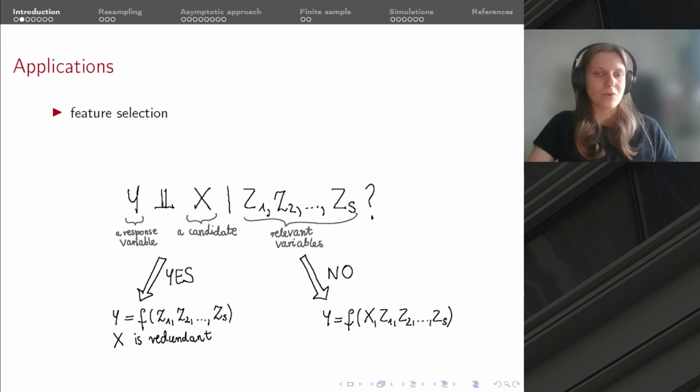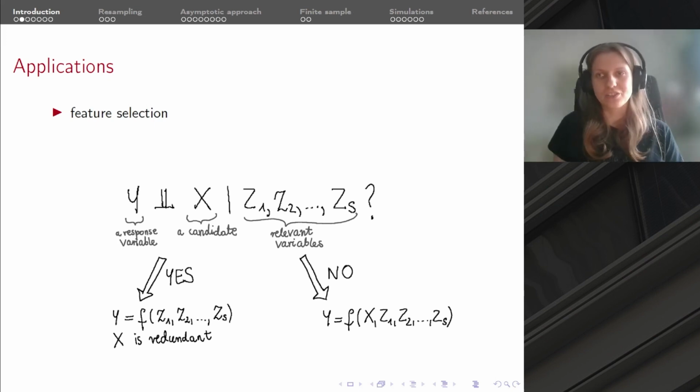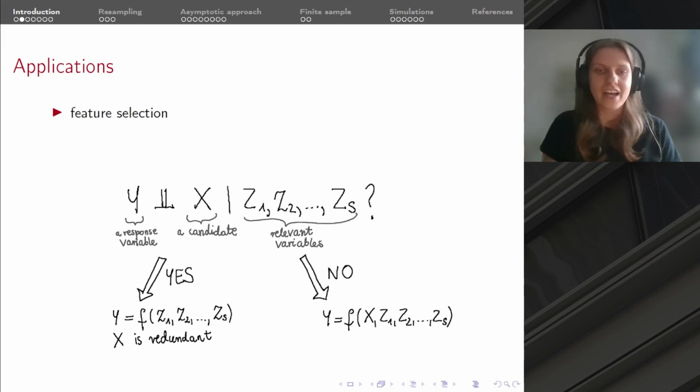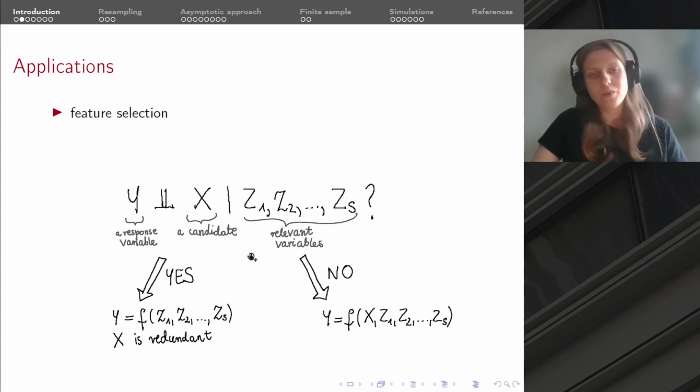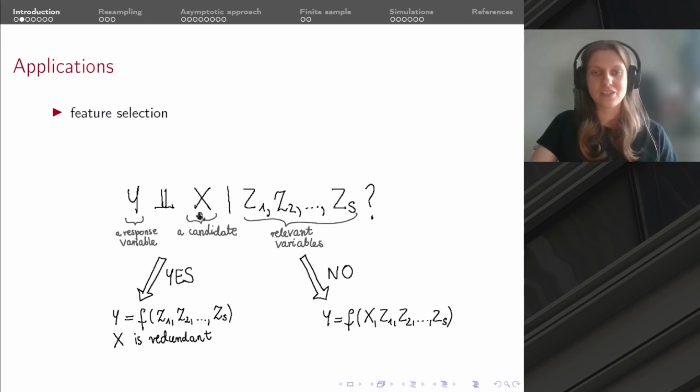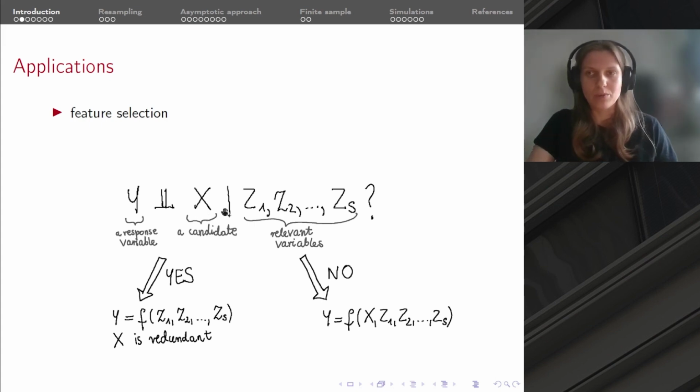So we want to somehow model y using some additional variables, for example, from z1 to zs. These are variables that we believe are relevant for this task. And we have an additional candidate, which maybe we should include in the model, but maybe not. So we ask if these two are independent given variable z.